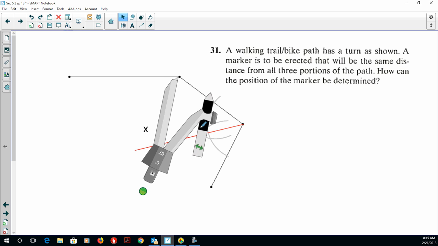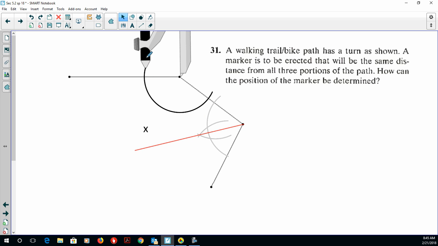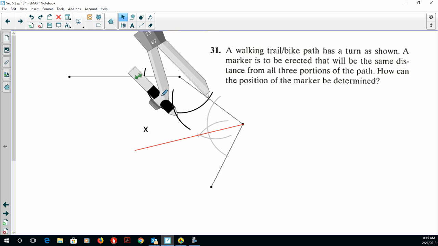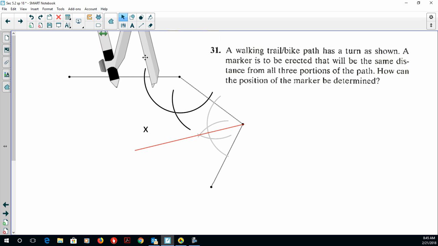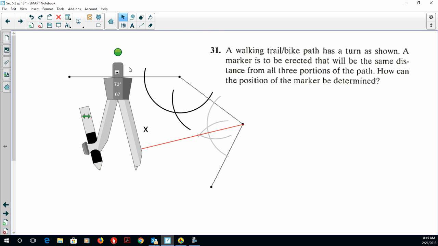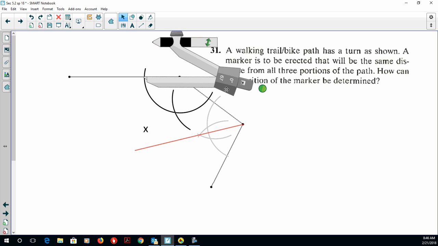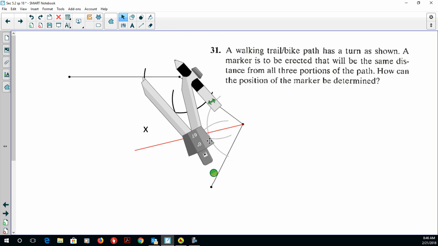And now you don't have to change this. Put the pointy end on one of those spots, mark the curve this way, put the pointy end on the other spot, and mark the curve this way.